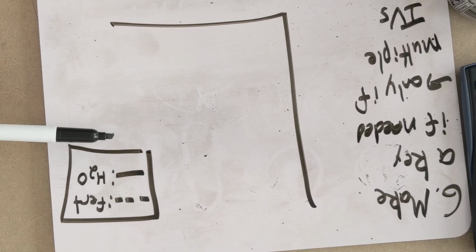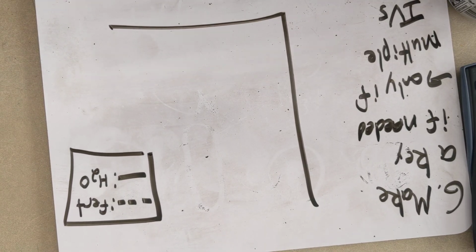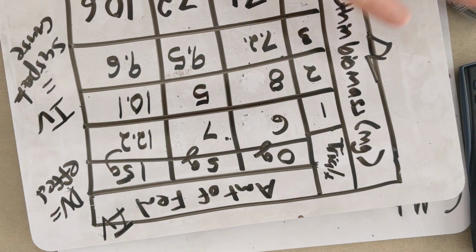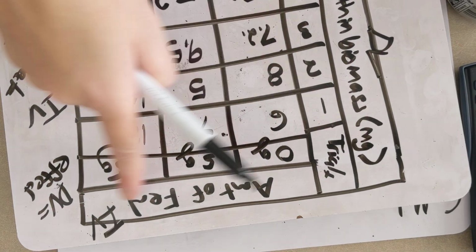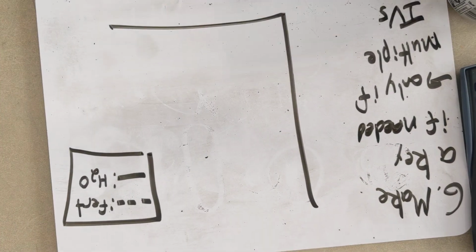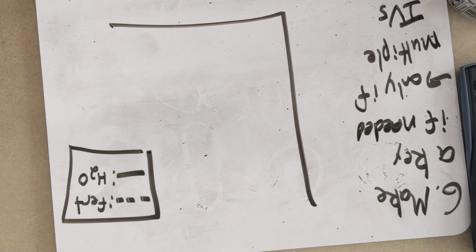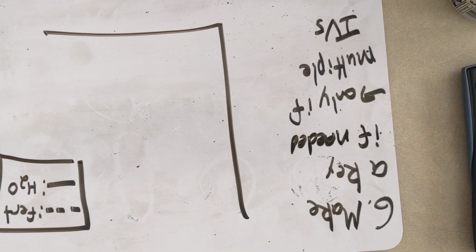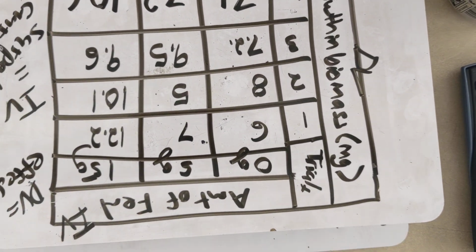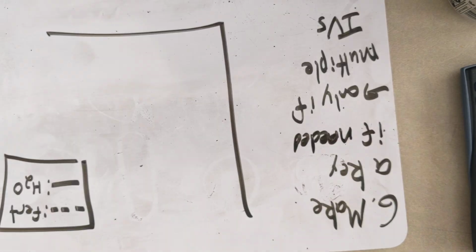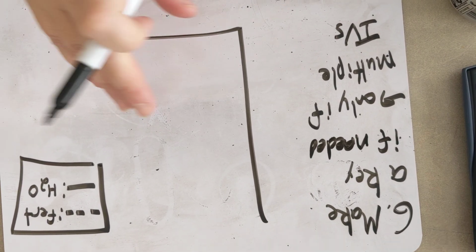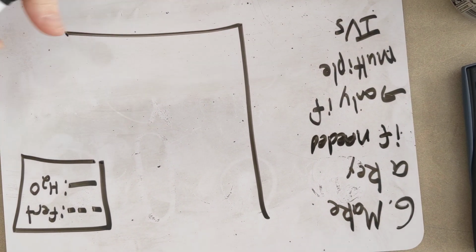Here I have a dotted and a solid, but when I look at this data table, I have amount of fertilizer and I have biomass, and that's my DV, so I only have 1 IV. That's the only thing I changed as the scientist. So I do not need to do this step for this data table, but there are some of you who are designing projects that have multiple independent variables, which is great. In that case, you will need to use a key.